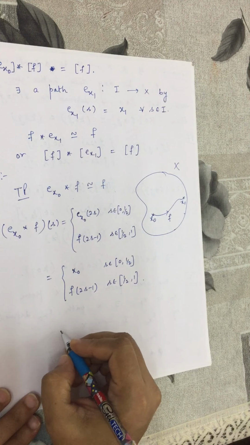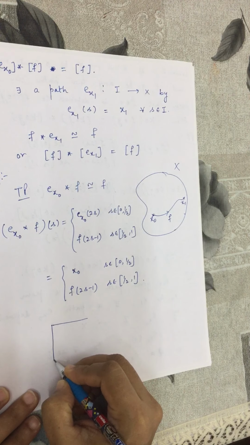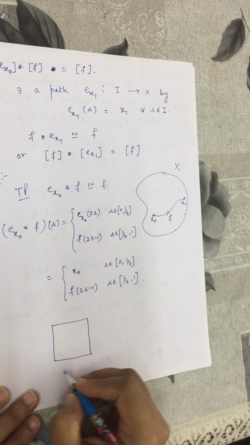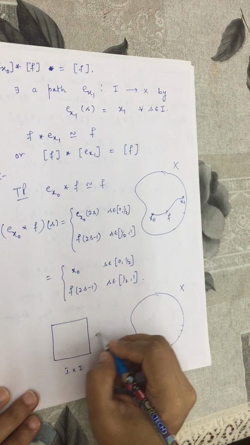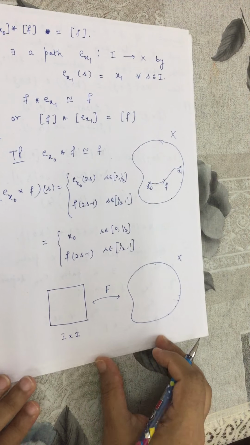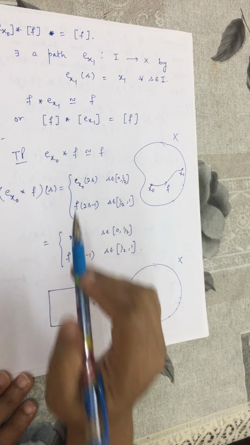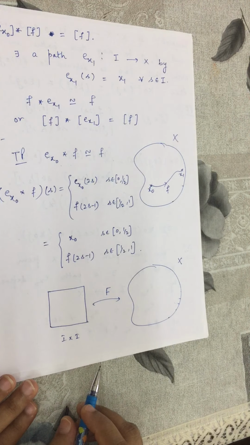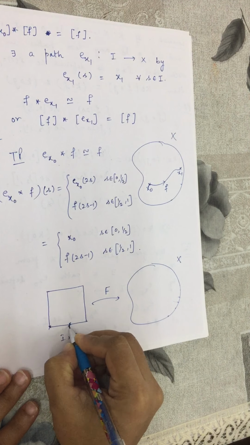So we have to define a mapping capital F which maps I cross I to the space X such that the bottom line maps to e_x0 star f. That means the bottom line on the first half of the interval maps to x0. Here s is 0, here s is 1/2.